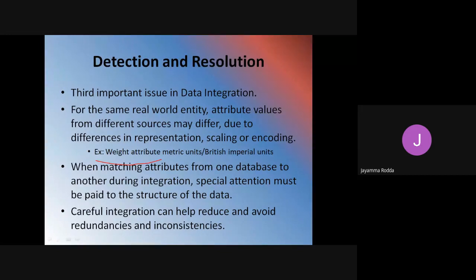Though it is a chain of hotels, the type of data stored will be different. So that can be taken as another example of data integration issues, where for the same real world entity, attribute values from different sources differ.